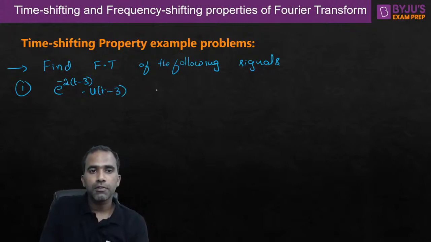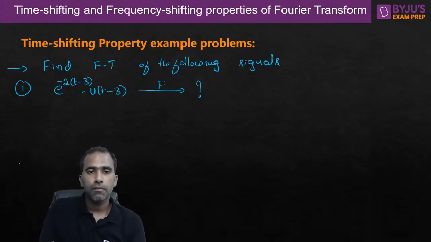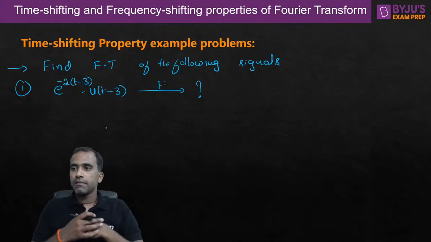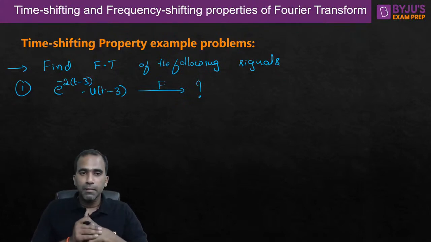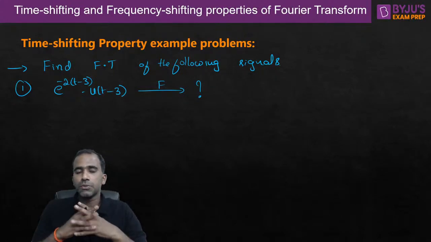Can you find the Fourier transform of this signal? What is the Fourier transform of this signal? Can anyone find it? I'll wait for a minute and then I'll explain the procedure to do it.